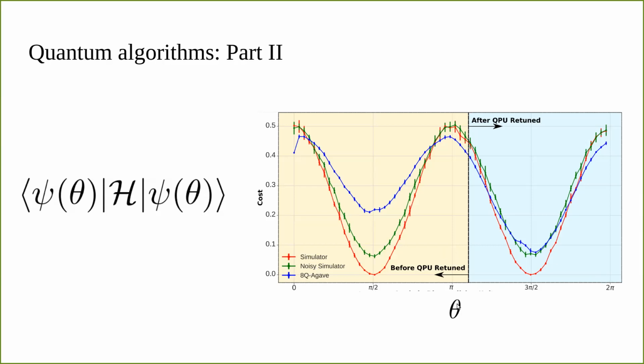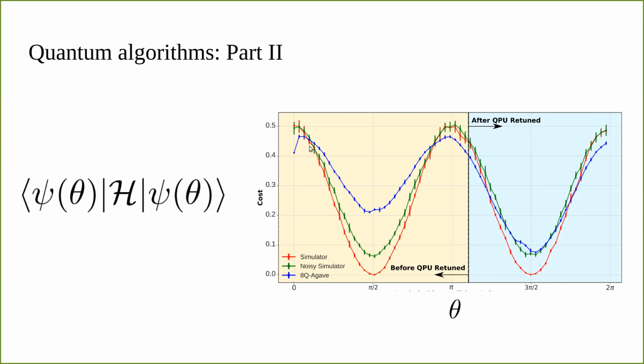This is the angle theta here, and this is the cost on the y-axis, the vertical axis. We see the single parameter landscape that it produces. It looks like a sine curve or a cosine curve. The blue one is on an example quantum computer. The other two are on simulators, so classical computers mimicking a quantum computer.